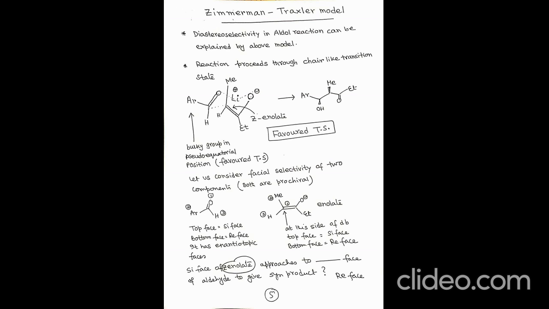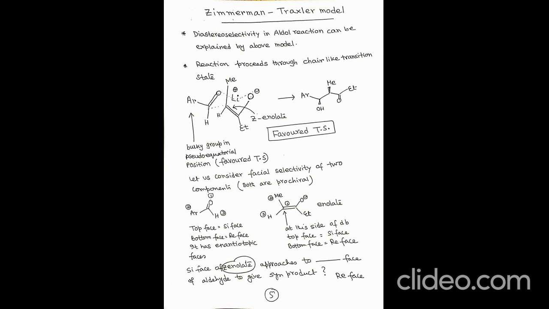So in order to apply this concept, we have to consider a chair form of cyclohexane, where the six points will be occupied by the two components. One is the enolate and another one is the carbonyl compound, where the nucleophilic attack will take place.